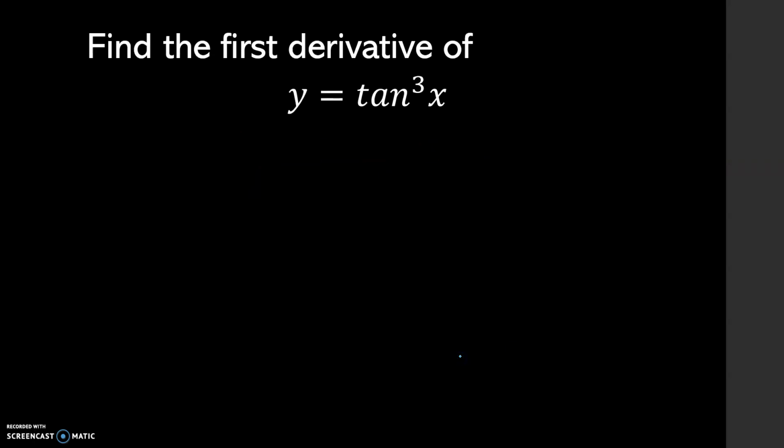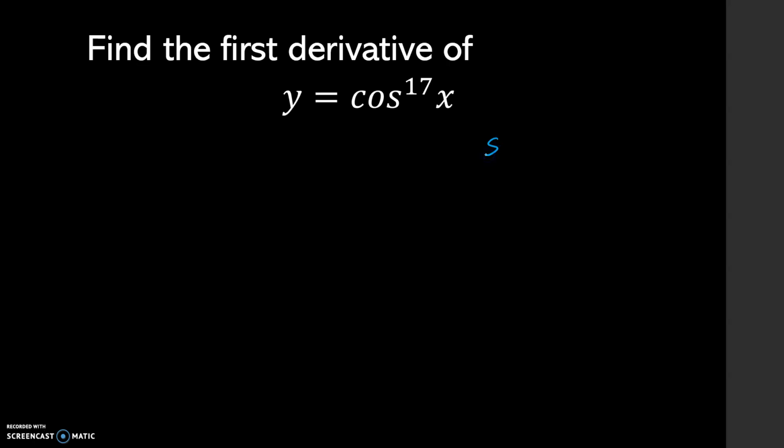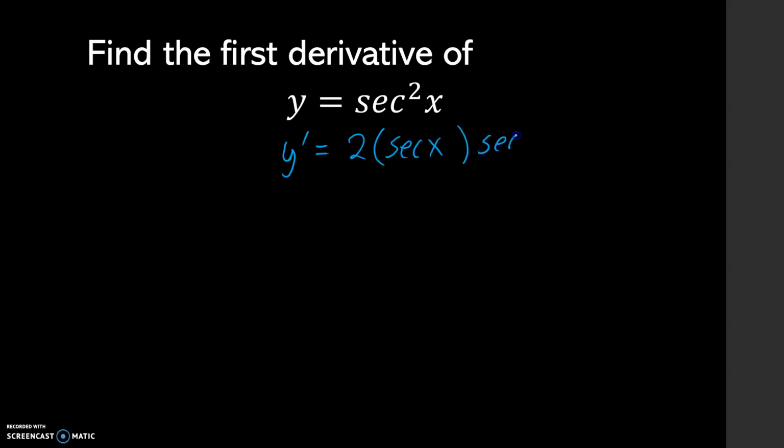The derivative of something cubed is 3 times something squared, and our something is tangent, which has a rate of change of secant squared. The derivative of something squared is 2 times something to the 1st power. Our something is secant, which has a rate of change of secant tangent.